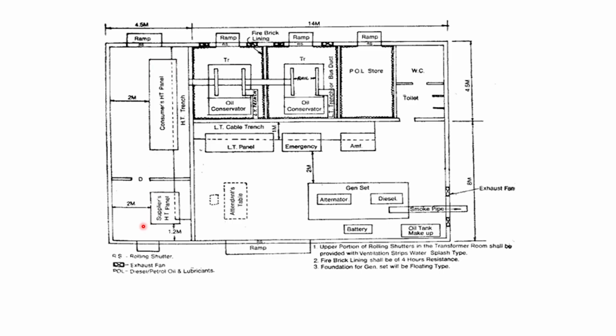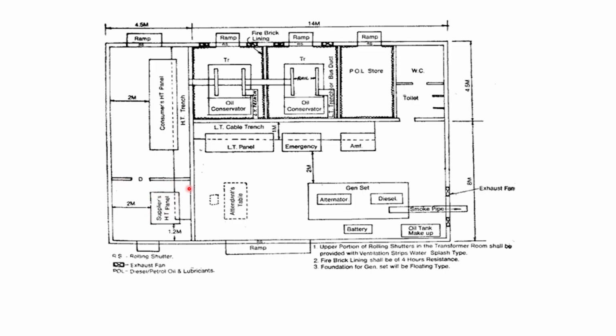We start from this point through a double pole structure, to be shown in some of the slides. We get electrical supply from the electrical supply company, which is first metered in a meter room.